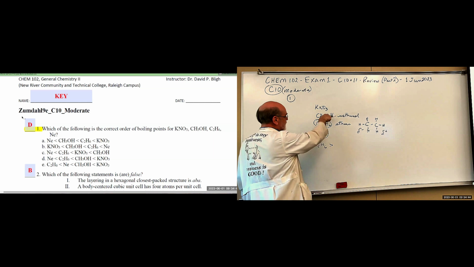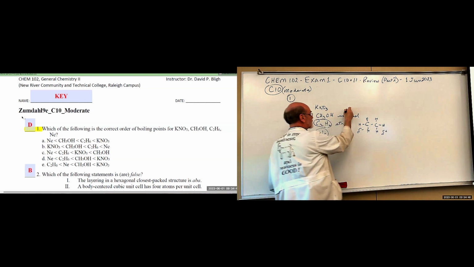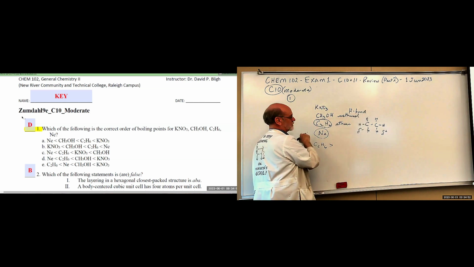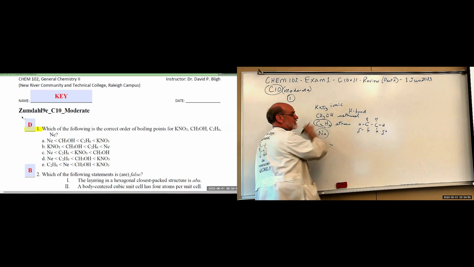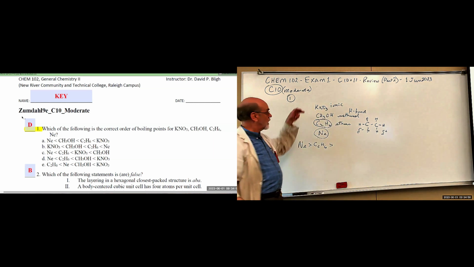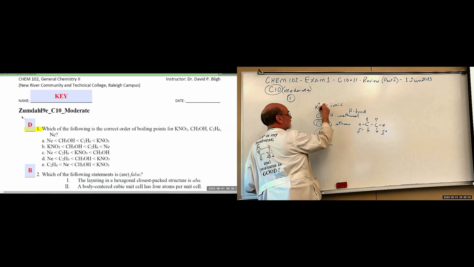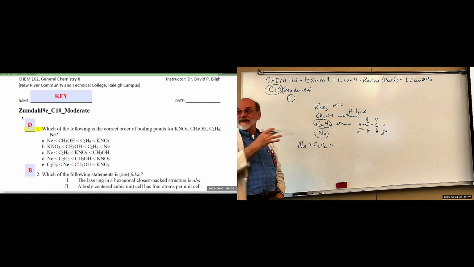Okay, now we have to decide between these two. What are we talking about here? Well, this has hydrogen bonding available. Right? This molecule is polar. This is ionic. It would have the highest boiling point because these are complete ions. Right? This is plus and that group is a minus. This one has no complete charge. It only has hydrogen bonding available.